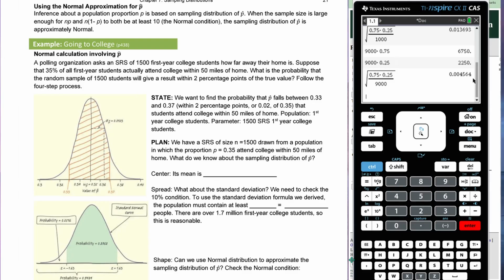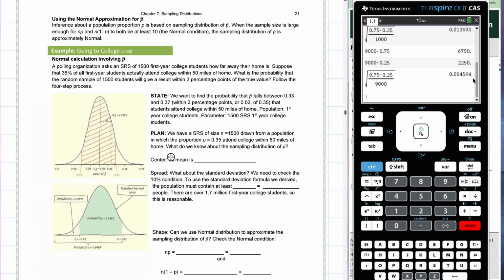Four-step process means that we take a moment and we say what our question is. We'd like to find the probability that a sample would have a p-hat value between 33 and 37%, within 2% of 35. All right? Our plan is that we're going to say that we know a bunch about this situation.